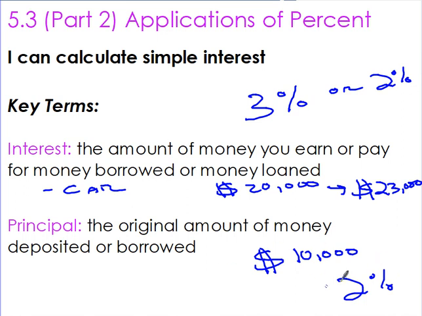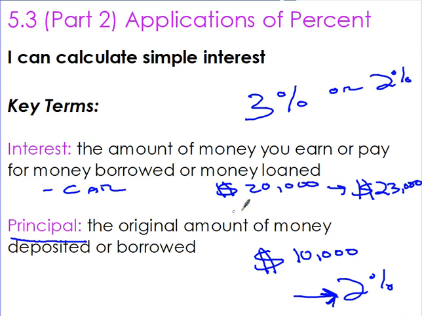They're going to use that money however they see fit. So that 2% is the interest rate that I earn, and this $10,000 would be considered the principal. This was the starting amount.